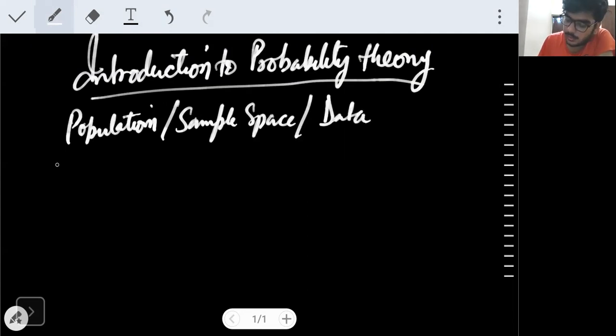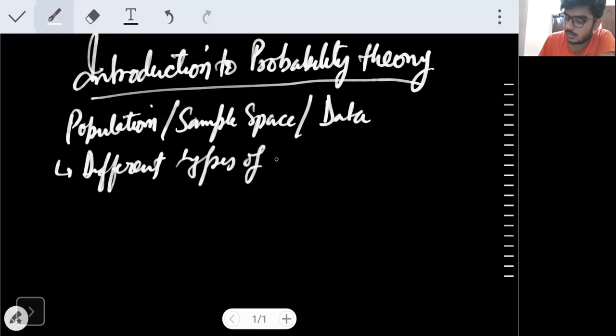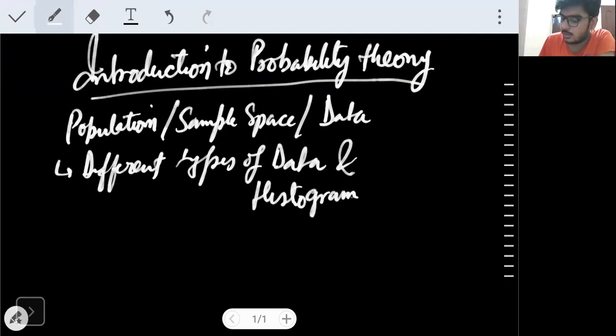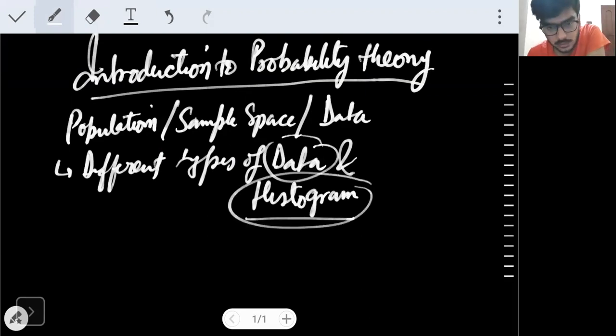We'll talk about different types of data and histograms. And using these two, data and histogram, we will try to learn and construct information about the population using the sample space. So today we'll be discussing about this.